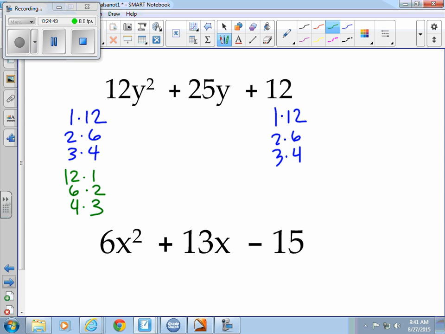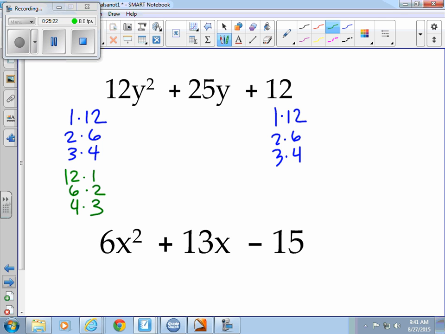Stopping when I get there. 36 and 4. 6 and 24. 12 and 12. That's close but not there. 18 and 8. So far so good. None of those add to 25, do they? 4 and 36. 8 and 18. 12 and 12.